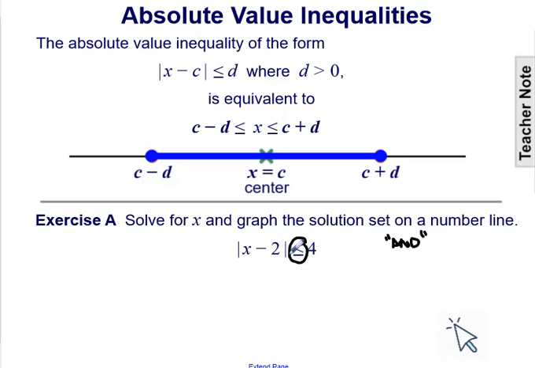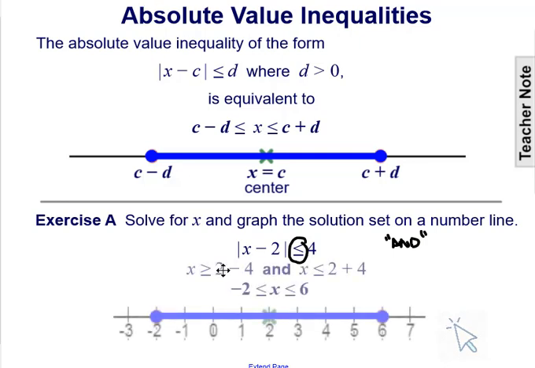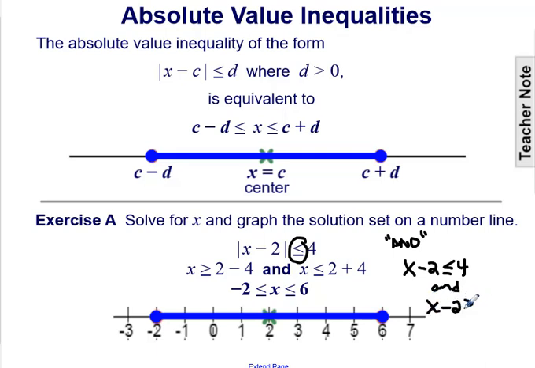So I can rewrite this absolute value inequality as a compound inequality. I can write it as x is greater than or equal to 2 minus 4, and x is less than or equal to 2 plus 4. So you have these two different signs. You can also split it up as x minus 2 is less than or equal to 4, and x minus 2 is greater than or equal to negative 4.